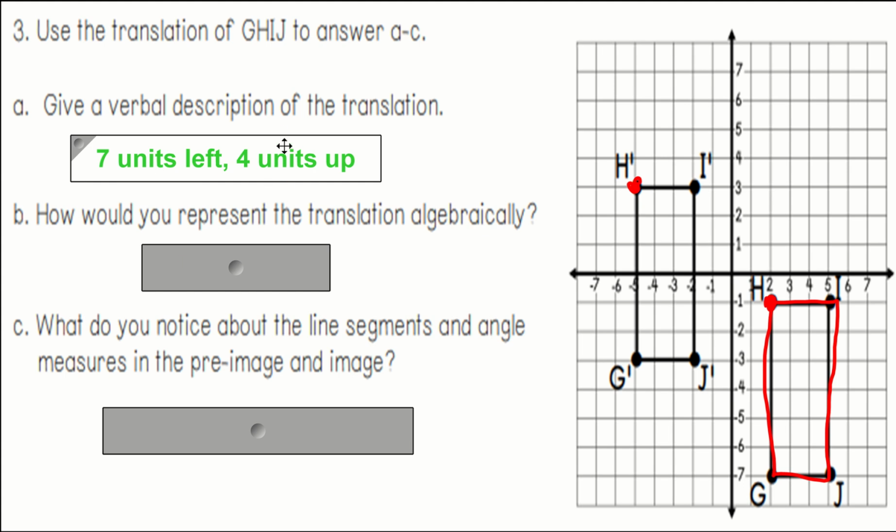Up and down is the Y. If we're going up, that means we're adding to the Y value. So we'd have X minus 7 and Y plus 4. Down subtracts for Y values. Right adds, left subtracts for X values.